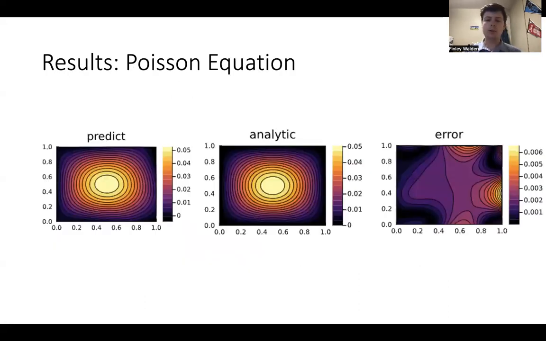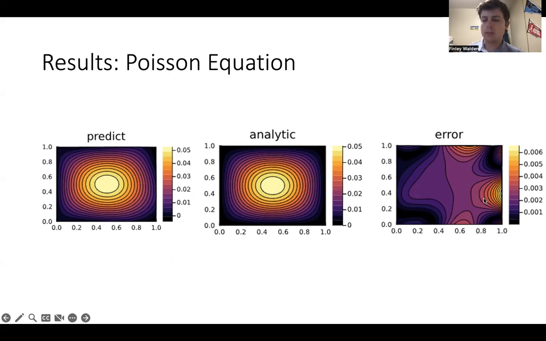In terms of the results, the first results I'll go over are the Poisson equation. For the Poisson equation, the predicted output and the analytic output obviously look very similar. There's some distortion of the predicted output if you look closely, especially in the corners here. It looks very evident.